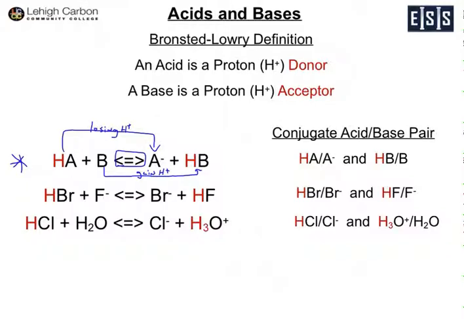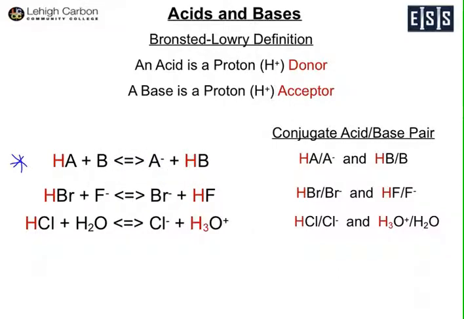Moving to the right, HA is an acid going over to A minus. If you reverse the reaction, A minus gains H+, and therefore it's acting as a base, forming HA, the acid.